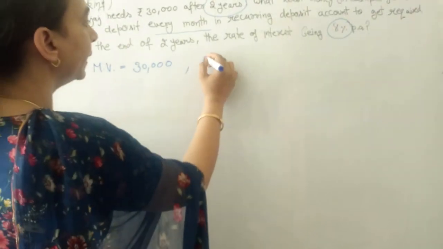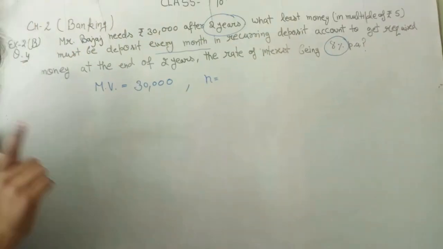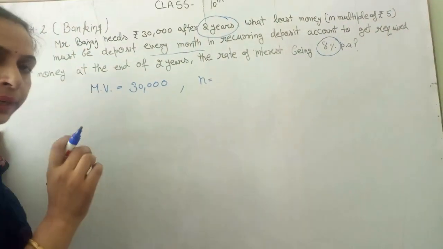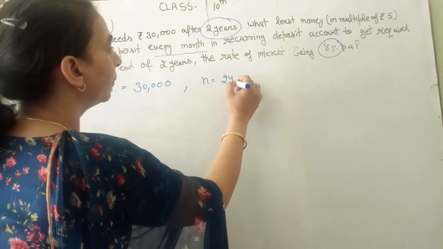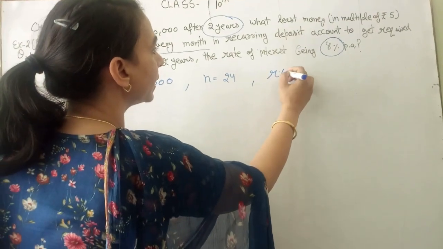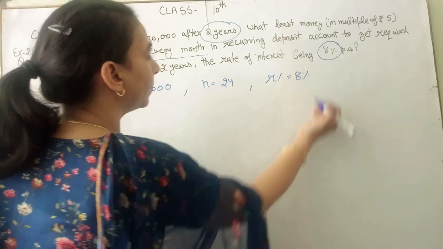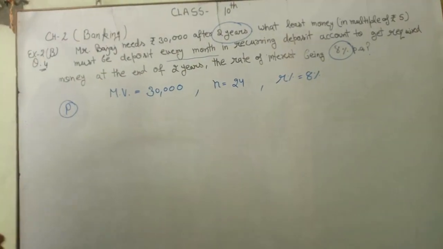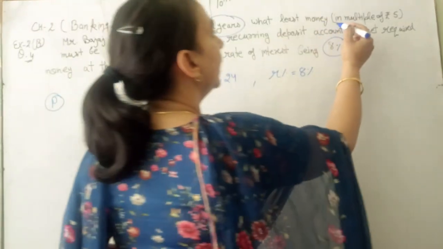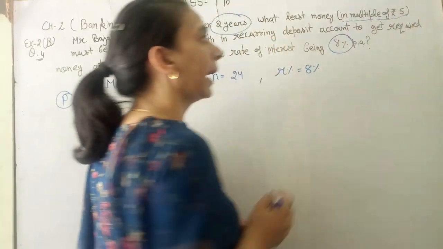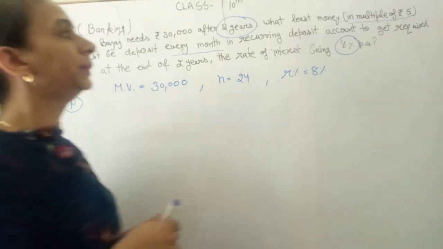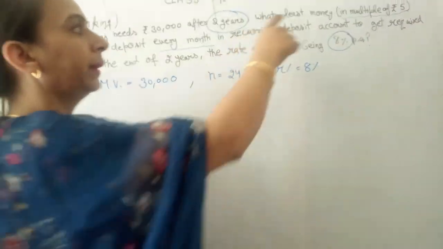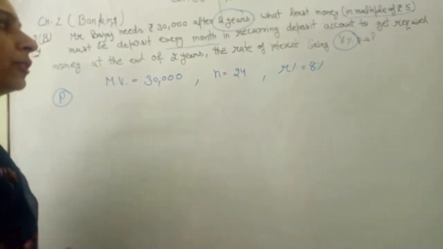Time period n is in terms of months, so 2 years equals 24 months, and rate of interest r percent equals 8%. We find the monthly installment P. Students, note the role of the multiple of rupees 5 at the last of the question.